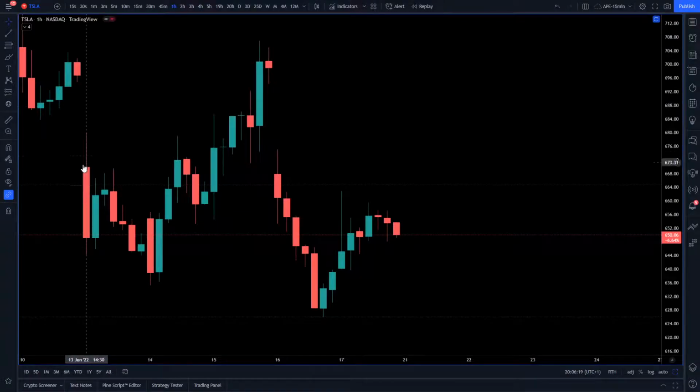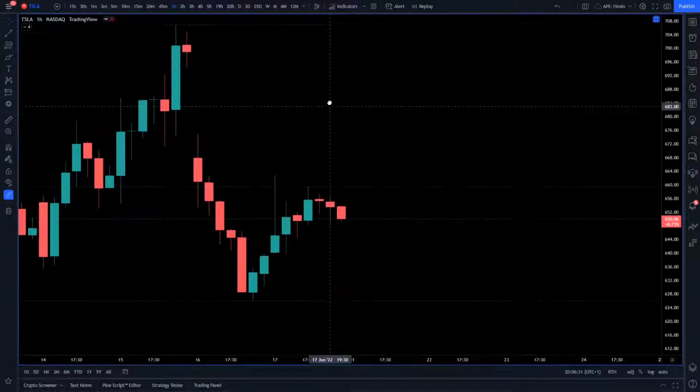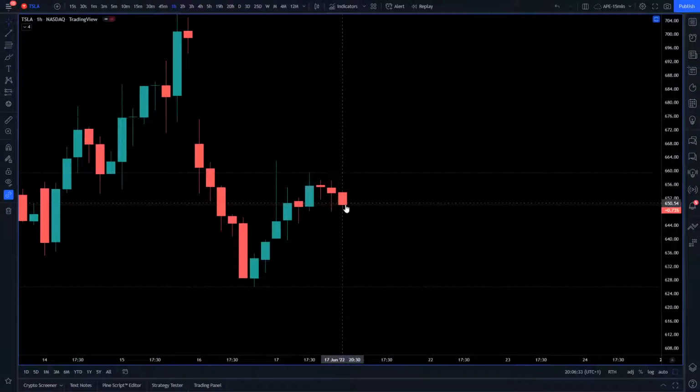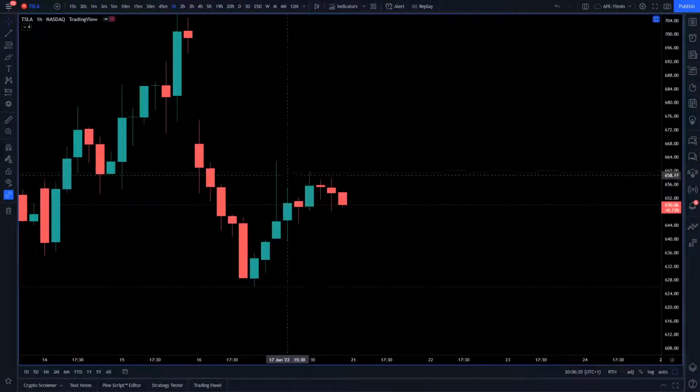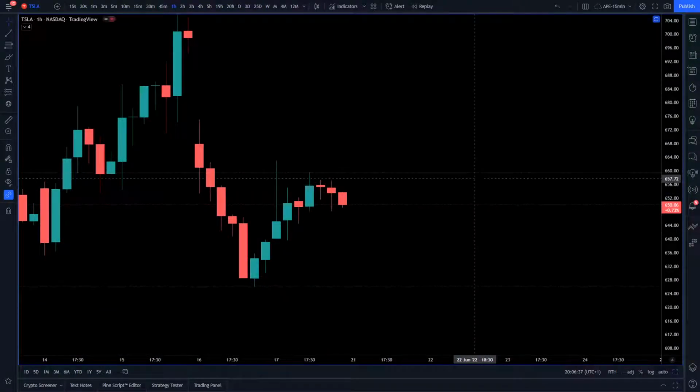When you see a gap here, that means the day is over, the trading time is over, and the trading time starts again here. So what is a candlestick? A candlestick forms from the left to the right.